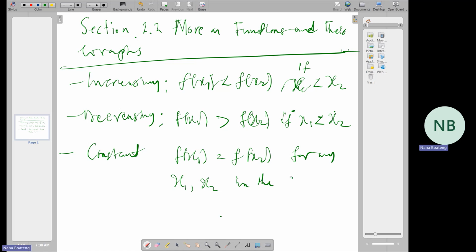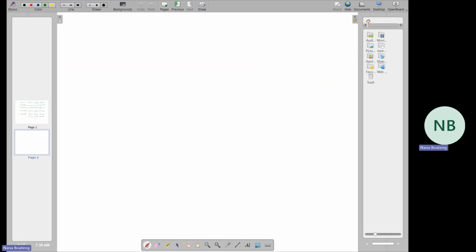So constant function means the value of the function never changes in the interval. The value of the function stays the same on the interval. But on the other side, an increasing function is one where the values of the function are increasing. Let's look at an example to illustrate it.